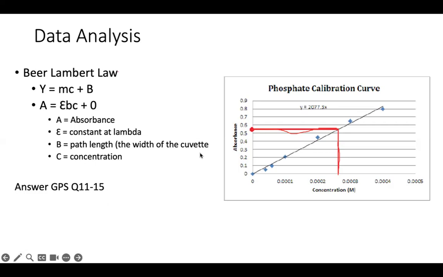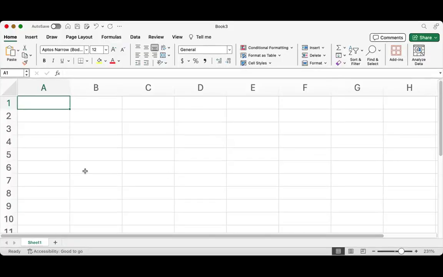So what we'll use is Microsoft Excel. And we'll go ahead and plot our concentration.